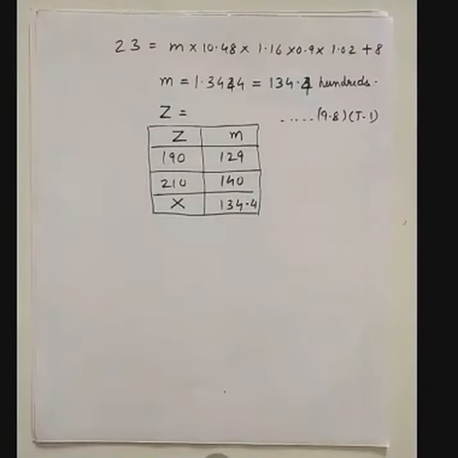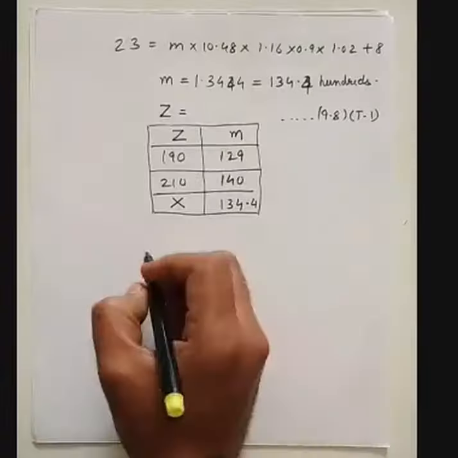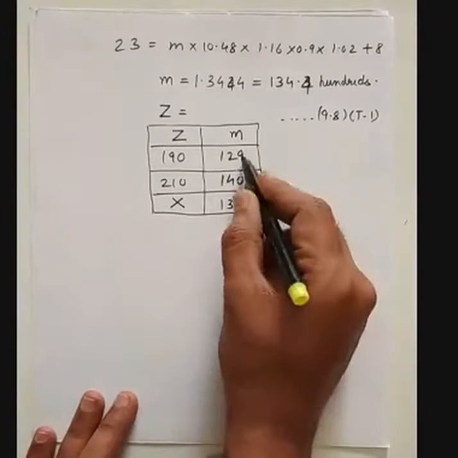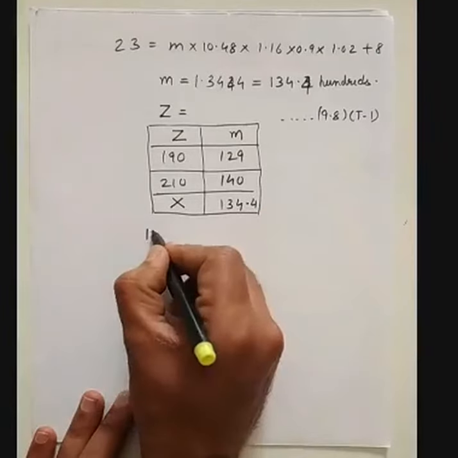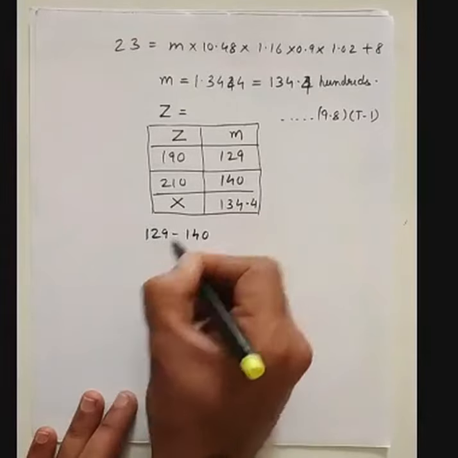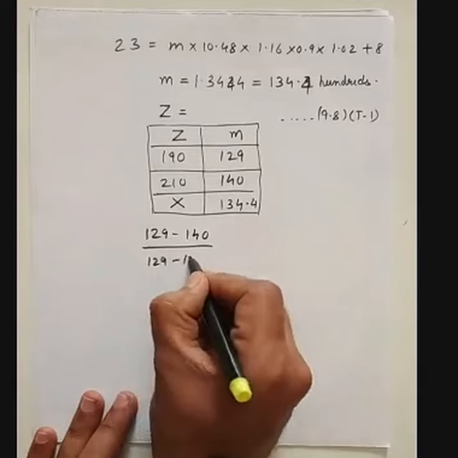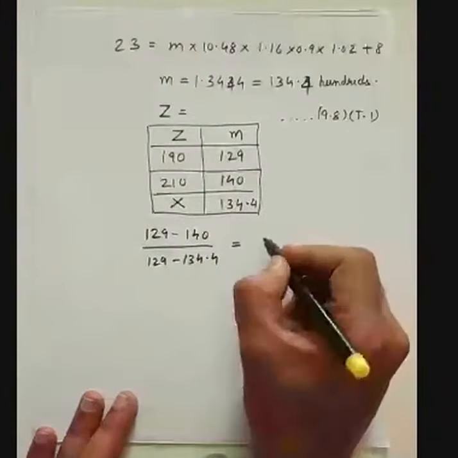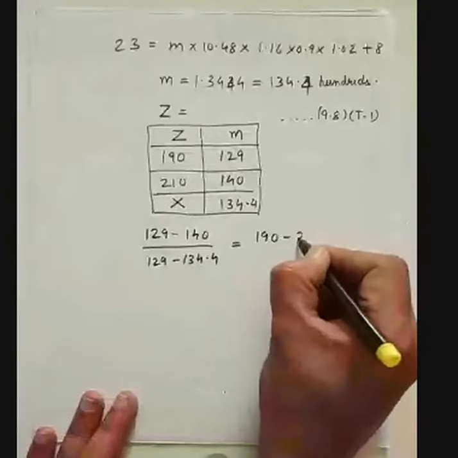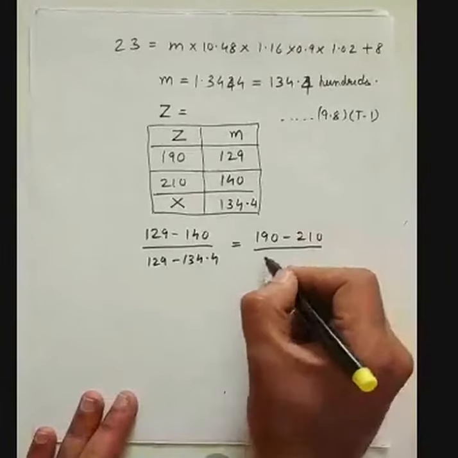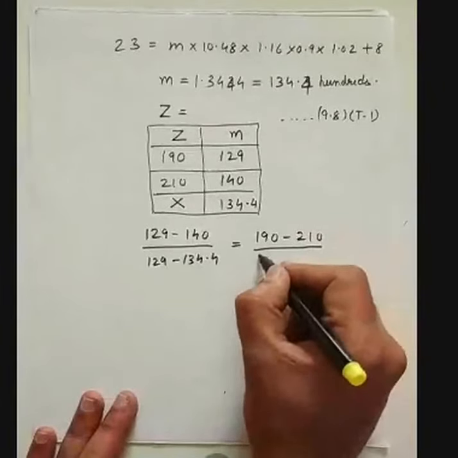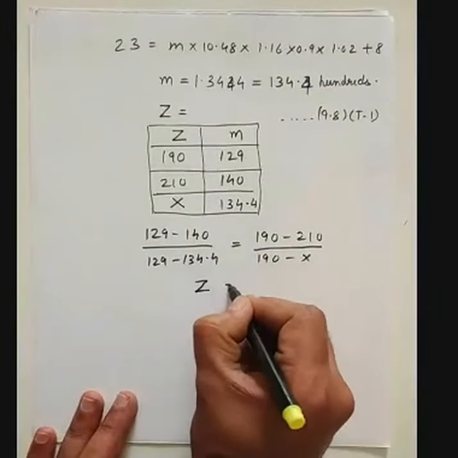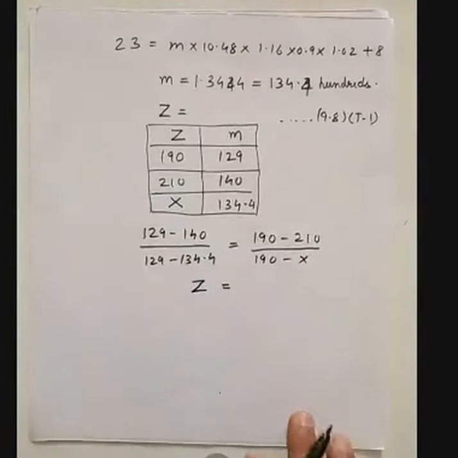How to do that? I have already done it. 199.8. Yes. See how to do it. This minus this minus this. So let's do it. And then corresponding values. So you'll get the value of Z at 134.4.